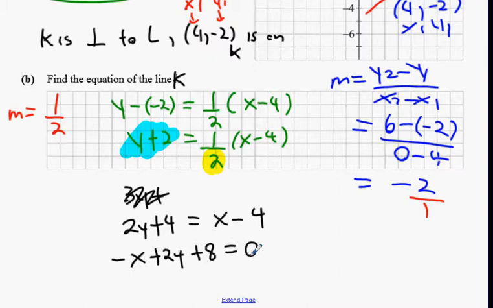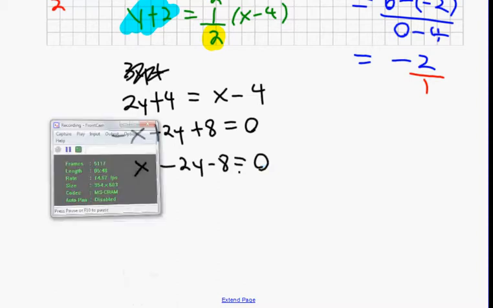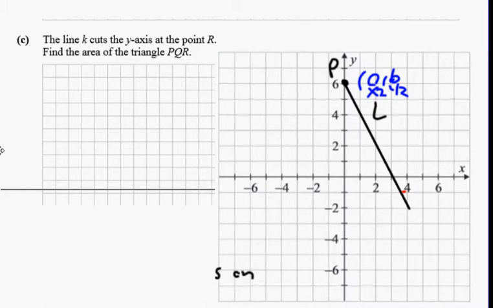And the other version of the answer is x minus 2y minus 8 equals 0. Write that. Okay.